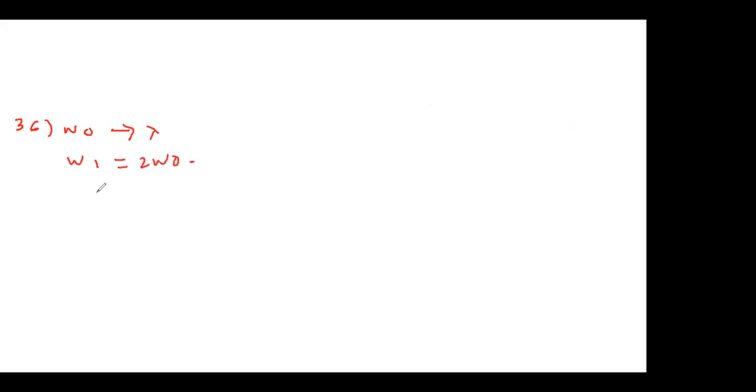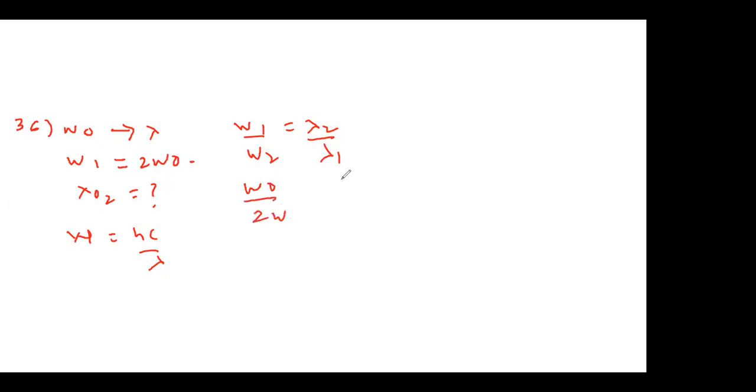So threshold wavelength of second one we want. Work function is hc by lambda. Work function of first upon second is lambda 2 upon lambda 1. First work function is given W0, second is 2 times W0, lambda 2 is to be calculated, lambda 1 is lambda. So lambda 2 is lambda by 2.